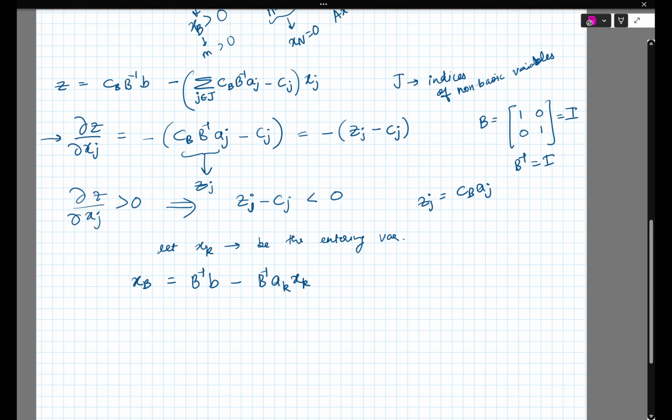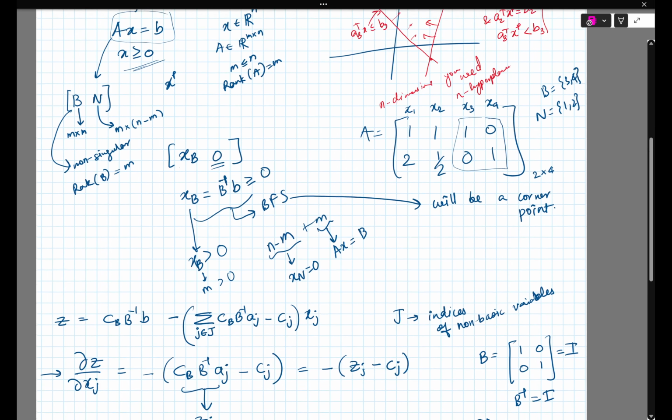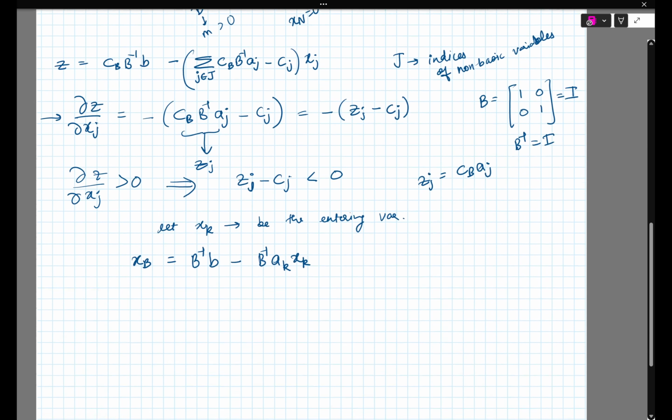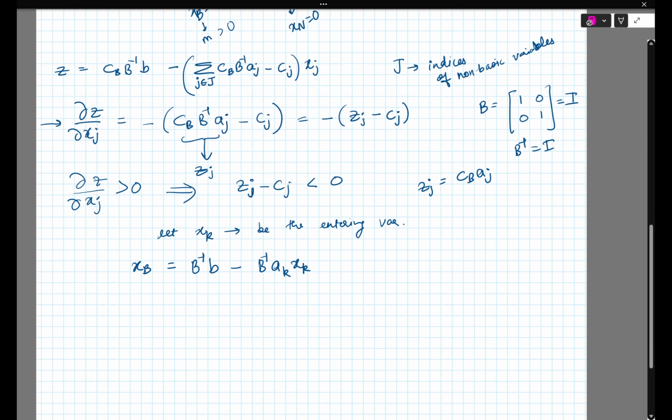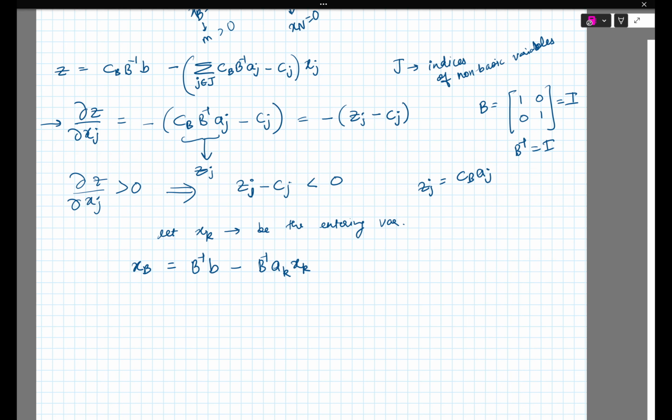I think we haven't written it, but you can find it in the lecture. And recall that all your variables should be greater than or equal to 0. So this xk, you will be increasing from 0 to some positive value.